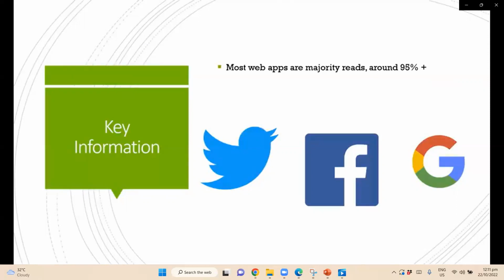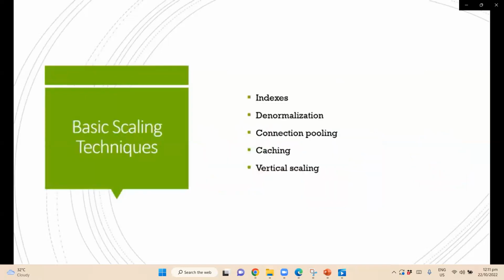Same thing for Facebook with posts on there, and Google when they index a piece of information, the metadata of that web page isn't going to change very frequently, but a lot of people are going to be making searches for those web pages. So in almost all cases, you're going to want to prioritize and build around the idea that your databases are going to be receiving a lot more reads than writes.